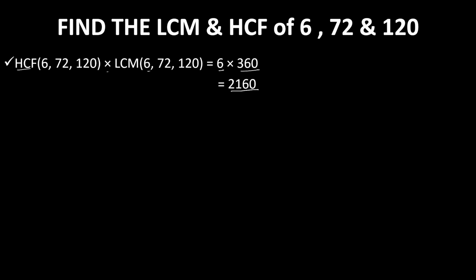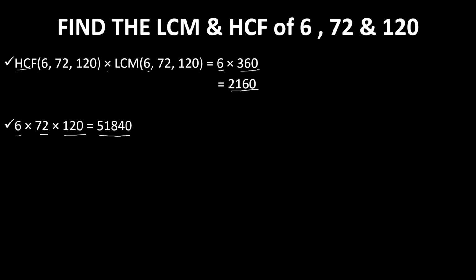Now let's look at whether the product of these three numbers is also 2160 or not. If we find the product of 6, 72 and 120, we are going to get 51,840. So clearly we observed that the product of HCF and LCM of these three numbers is not equal to the product of these three numbers itself.